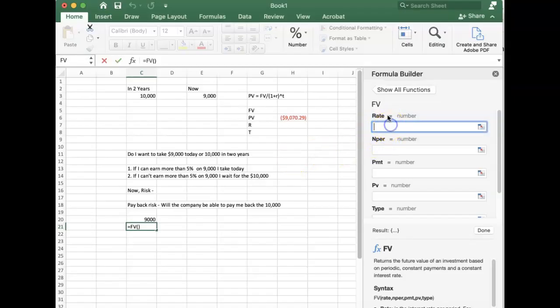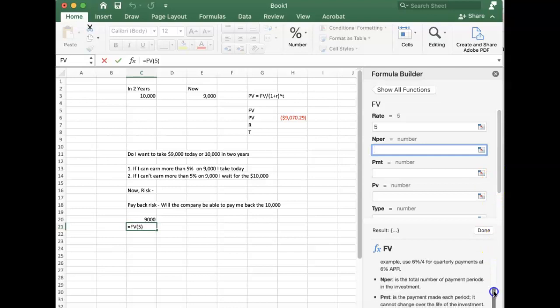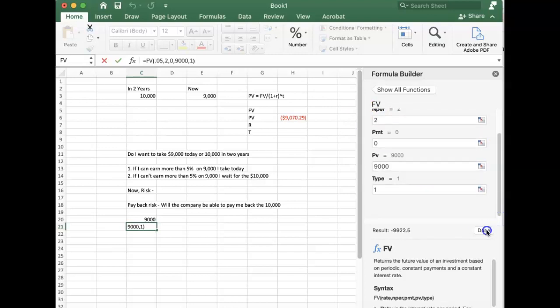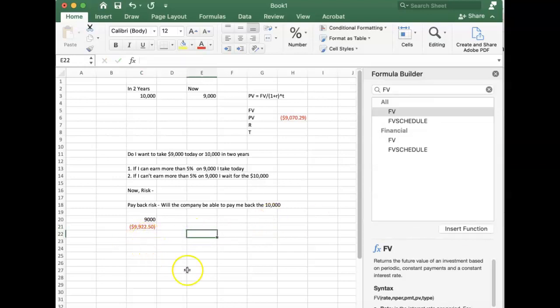I say that I have 5%, total number of periods 2, payment 0, $9,000, and we want to push 1. Here I need to make that a rate, not using my financial calculator, and I come close to $9,922. I can actually find the rate that I need to be at, so maybe I should look at that.